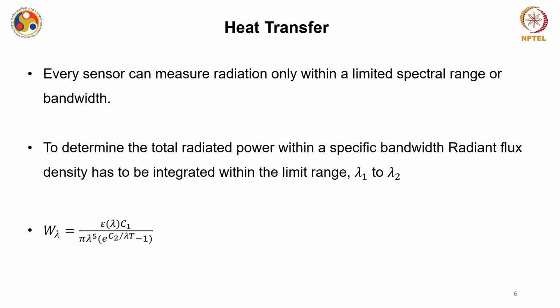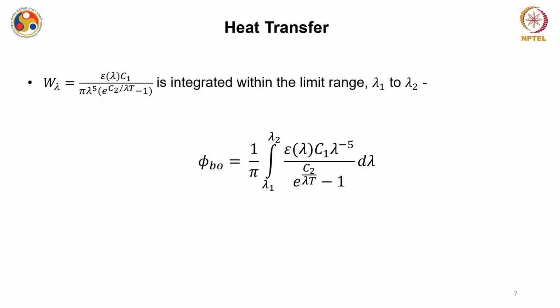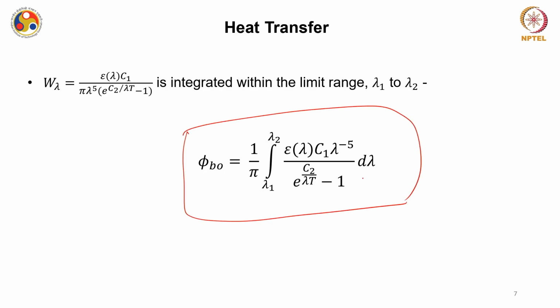If you integrate this equation, where W is equal to emissivity times C1 by pi lambda to the power 5, e to the power C2 (C1 and C2 are constants) divided by lambda T, minus 1, you get the radiant power, obtained by integrating from lambda 1 to lambda 2, right?